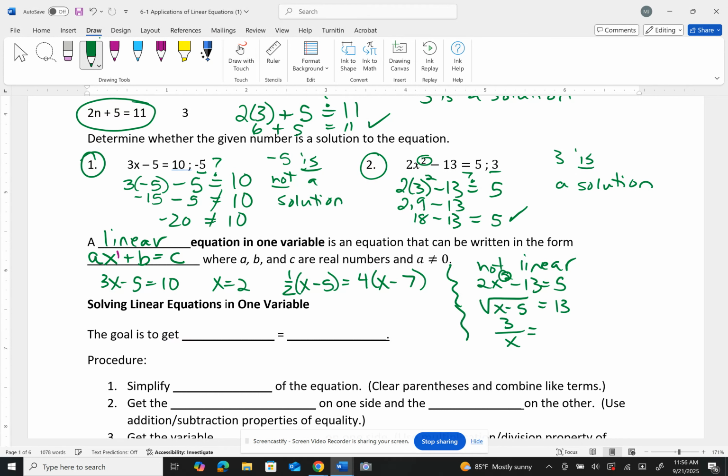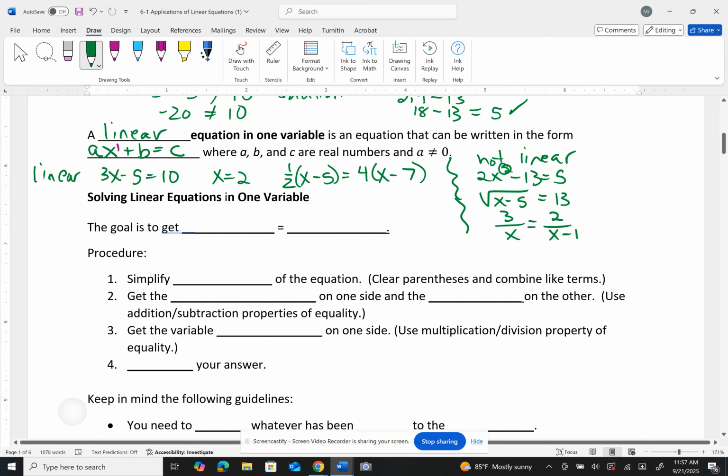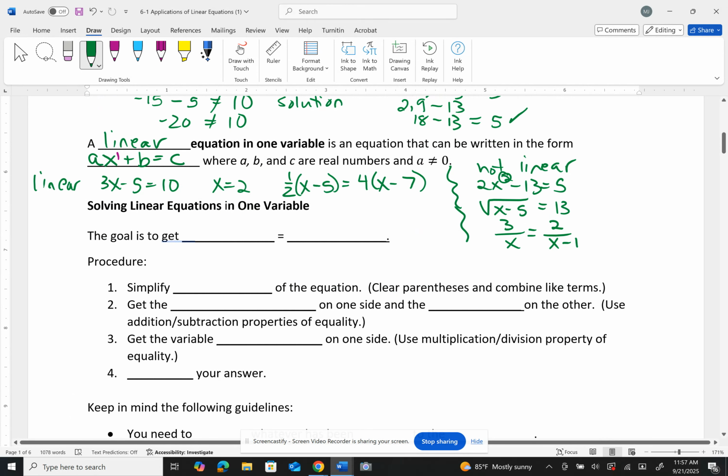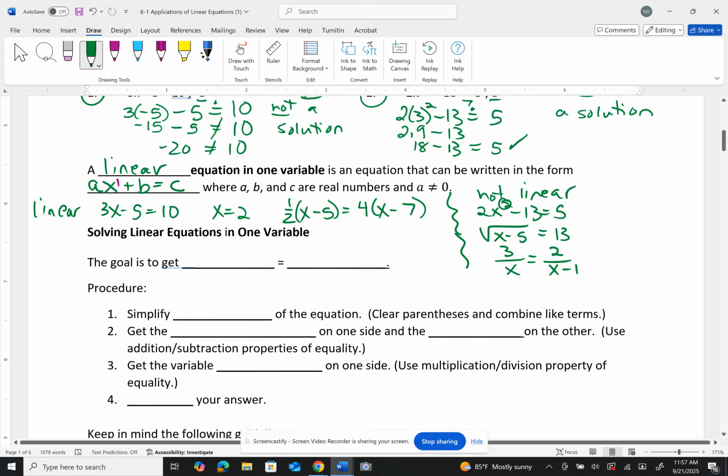That's not linear, at least not to start with. So these are examples of linear ones here. And then not linear would be things that can't be put in the form, something that looks like 3x minus 5 equals 10.